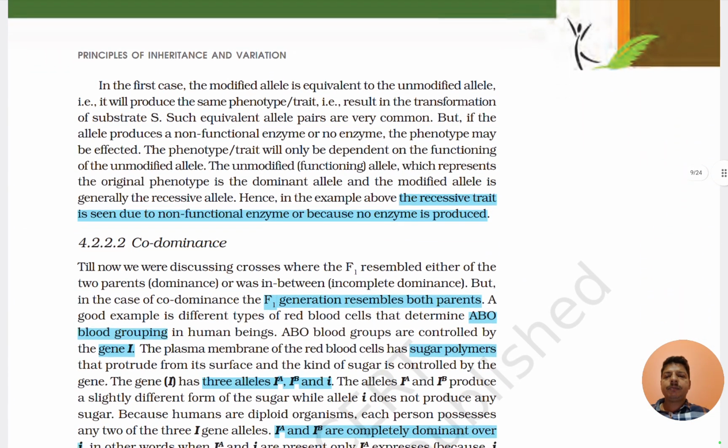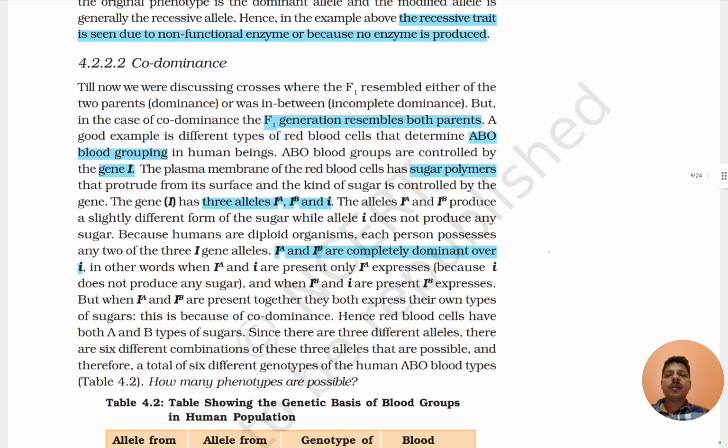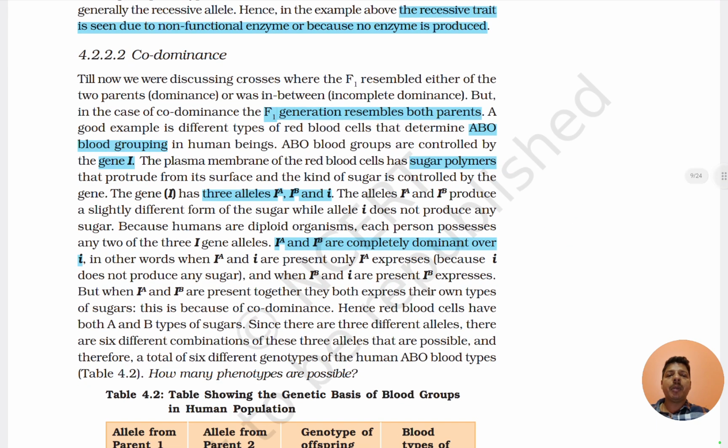Next is codominance. Coming to codominance, you have already seen it in the blood group of human beings, ABO blood grouping, where it is controlled by gene I. The plasma membrane of the red blood cell has sugar polymers that protrude from its surface, and this kind of sugar is controlled by the gene.